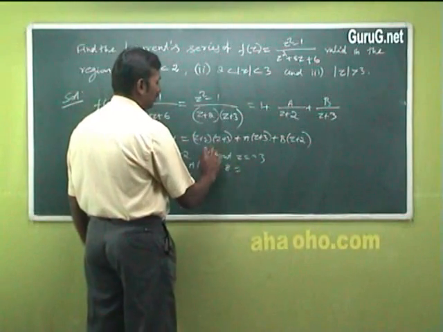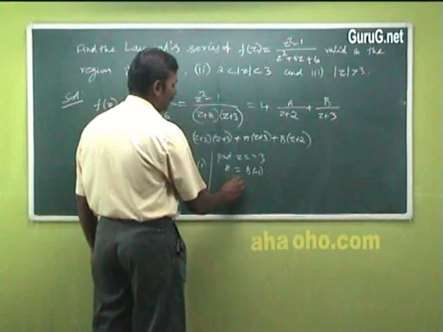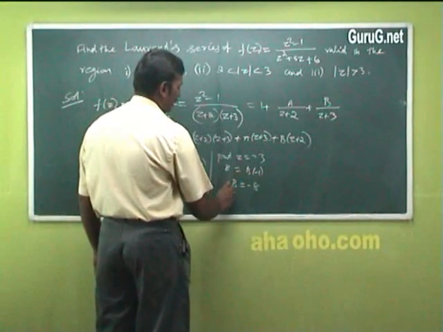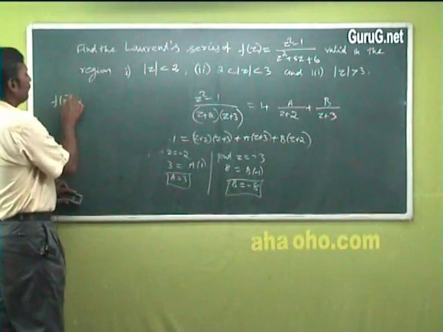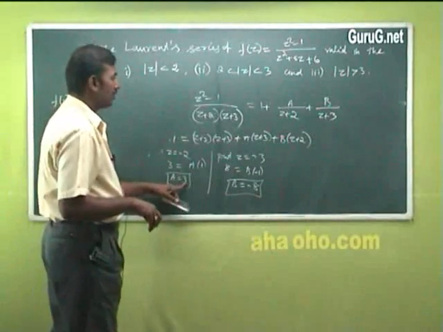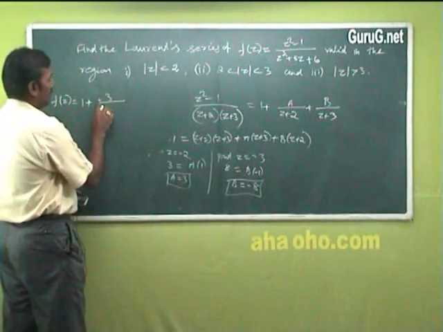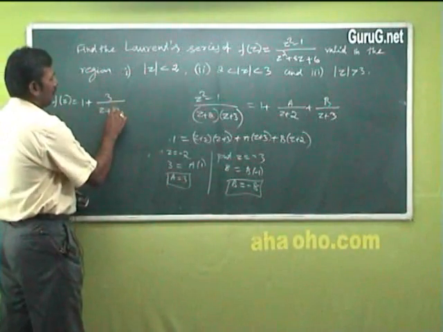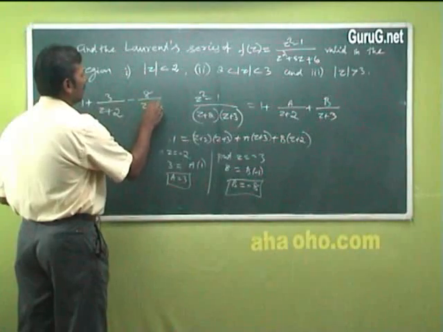This is 0 and this is 0. So b into minus 1, so b equal minus 8, right? F of z equal 1 plus a, that is 3, so 3 by z plus 2. What is b? Minus 8. So minus 8 by z plus 3.